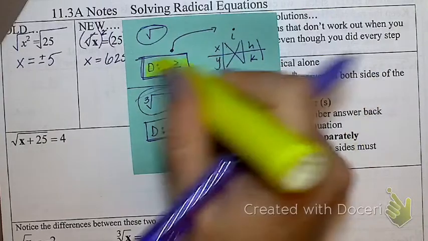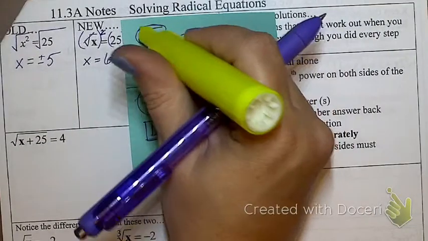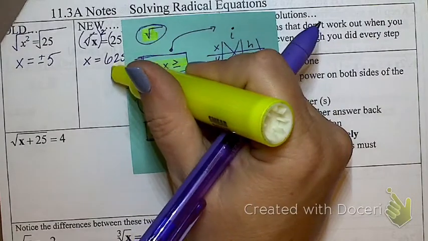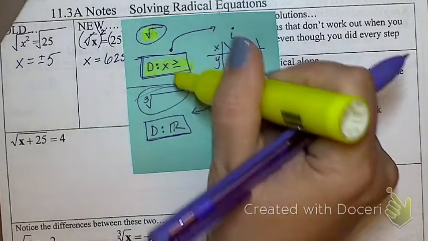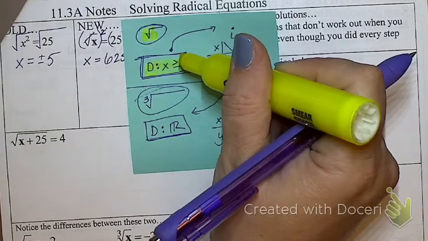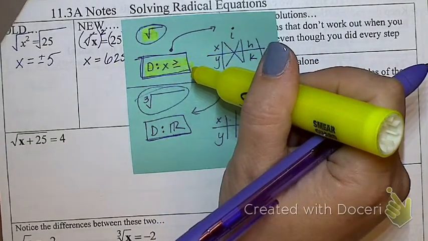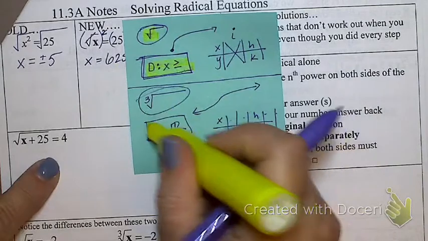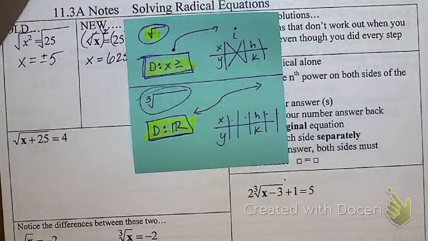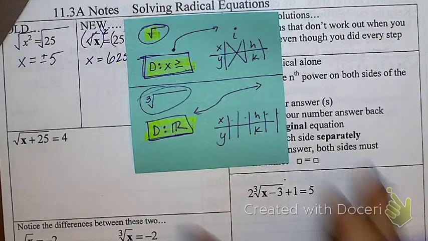It has to be certain numbers. So when I'm dealing with a square root, I actually need to check my answer by plugging it back into the problem to make sure that my answer is in the part of the domain that gives me nice numbers. Cube roots, every x value will work, or every x value that I get as my solution will work.